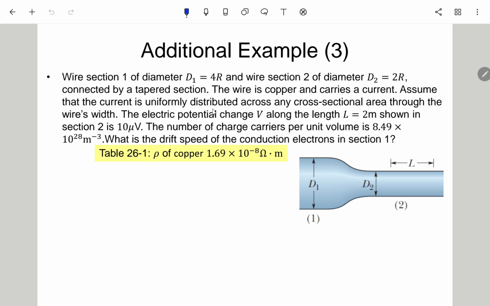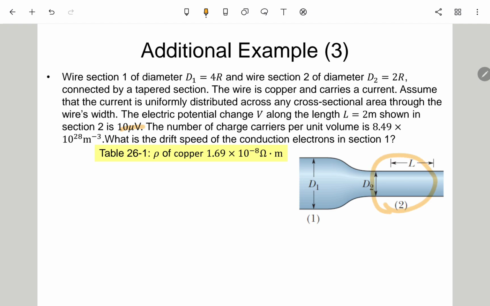Assume that the current is uniformly distributed across any cross-section area through the wire's width. The electric potential change V along the length L shown in section 2 is 10 microvolt.